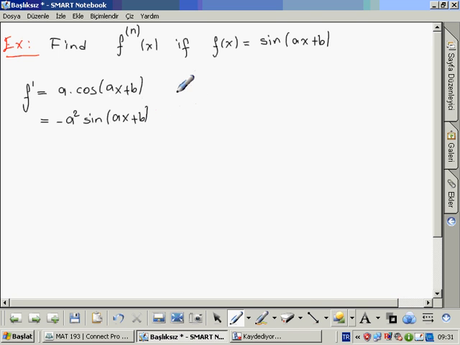We can call it minus a squared times f, because the sine of ax plus b was f of x.